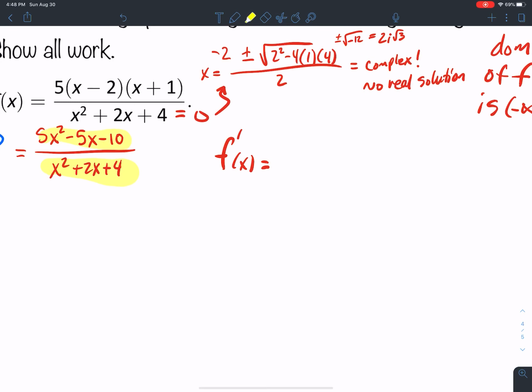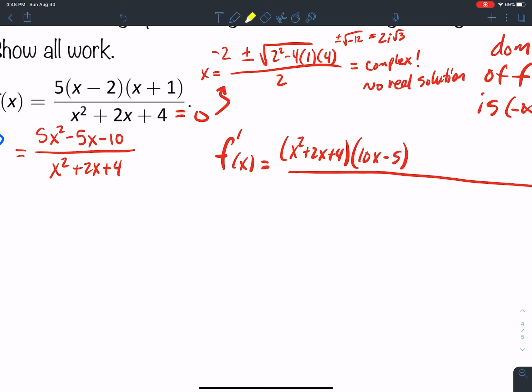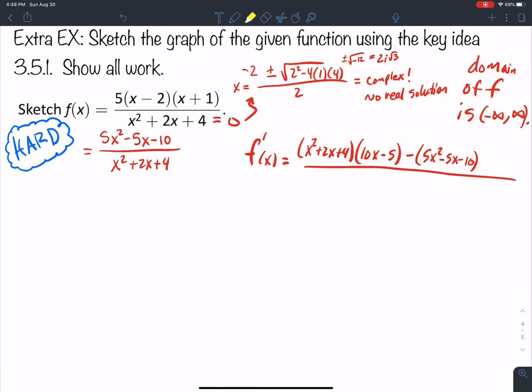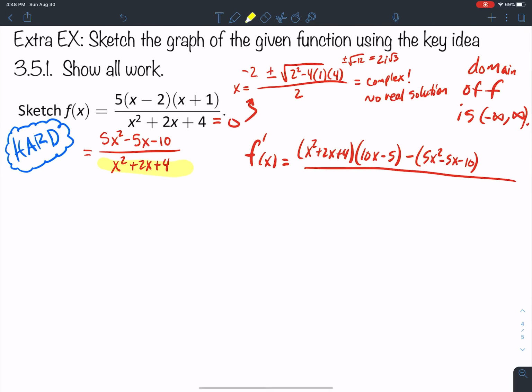Low d high, the derivative of the top, that's 10x minus 5. And then minus high, which is that thing right there, d low, the derivative of the denominator, that's just 2x plus 2. All over low, so I square it.